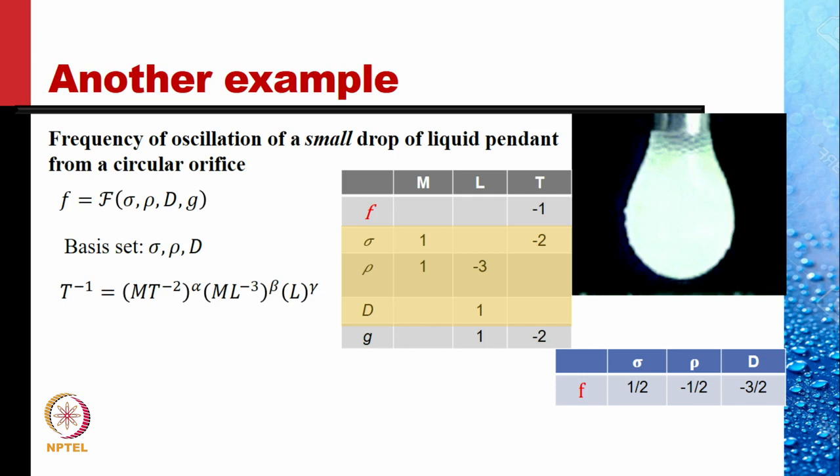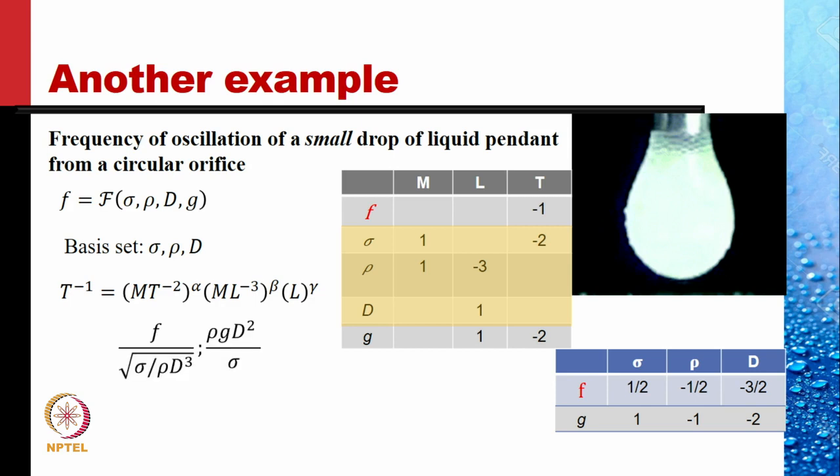Similarly, we do for the remaining independent parameter g. This would be sigma divided by rho divided by d square. So that the dimensionless equation would be formed out of two dimensionless parameters.